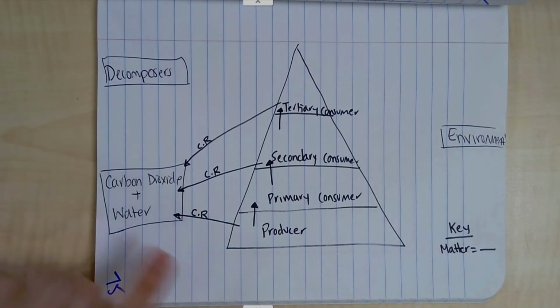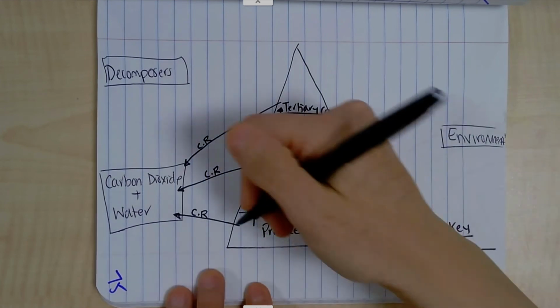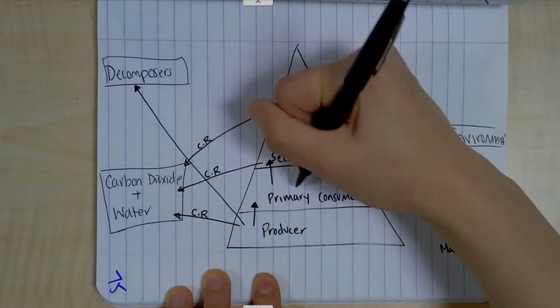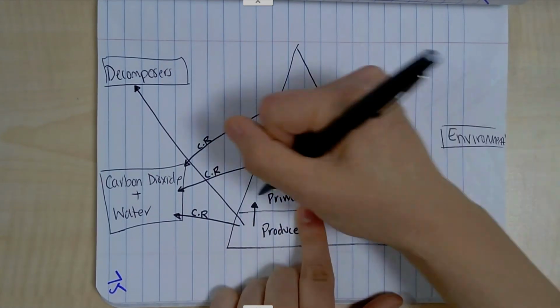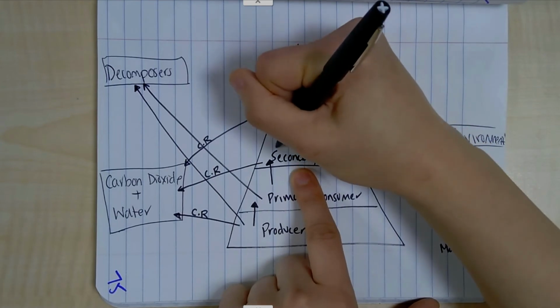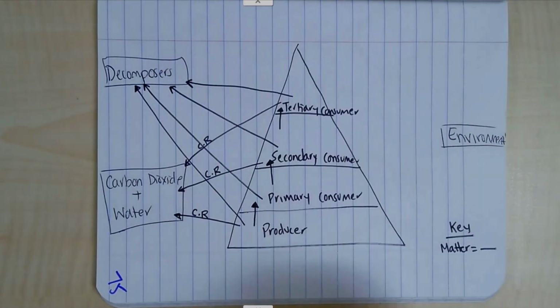However, it's not just that the producer could get eaten by the primary consumer. A decomposer could eat it. The primary consumer could get eaten by the one up above it, or a decomposer could eat it. Same thing with a secondary consumer, it could get eaten by a decomposer. Same thing with our tertiary consumer.